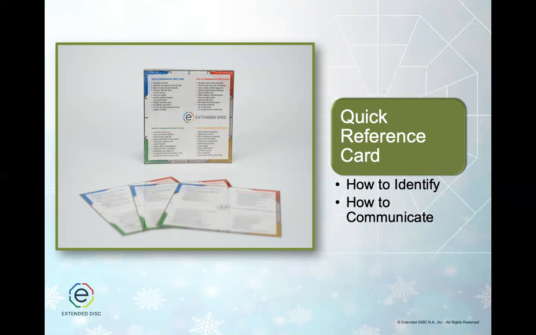Just like with the 4 steps to effective communication, this is a card I, as a trainer, like to keep nearby. It's a reinforcement tool that reminds participants of your workshops. If you're thinking, oh gosh, what style was that again? It's an easy one to pick up and look at.